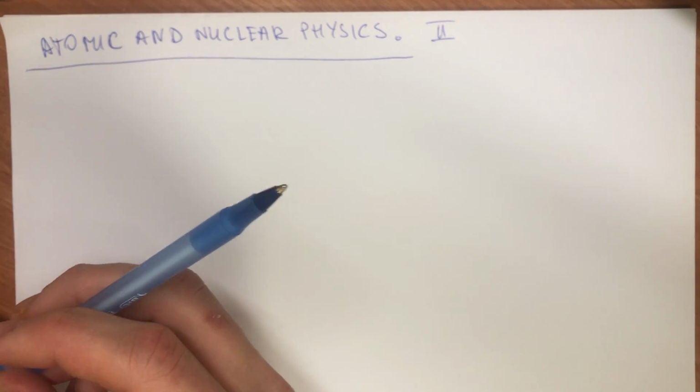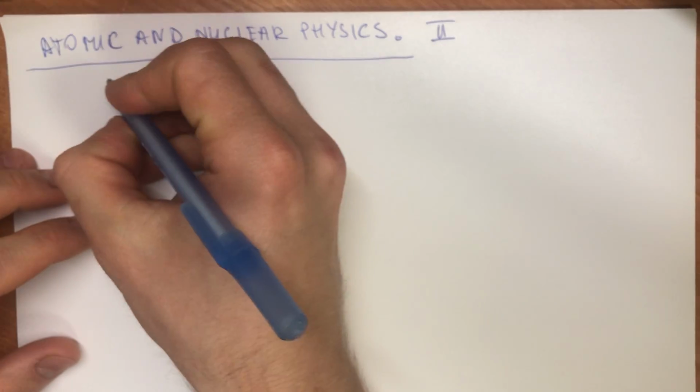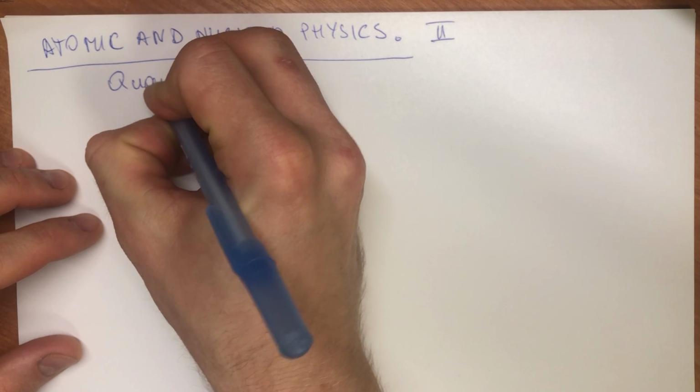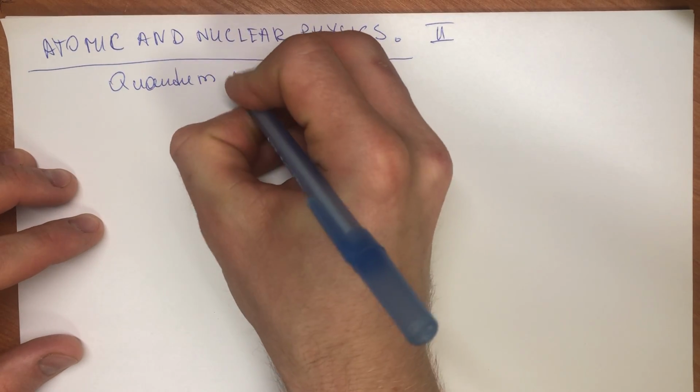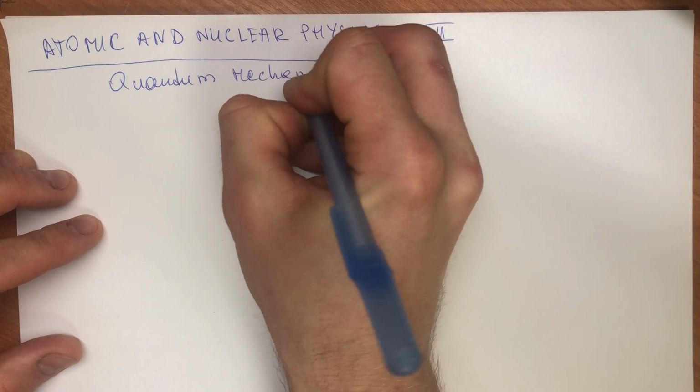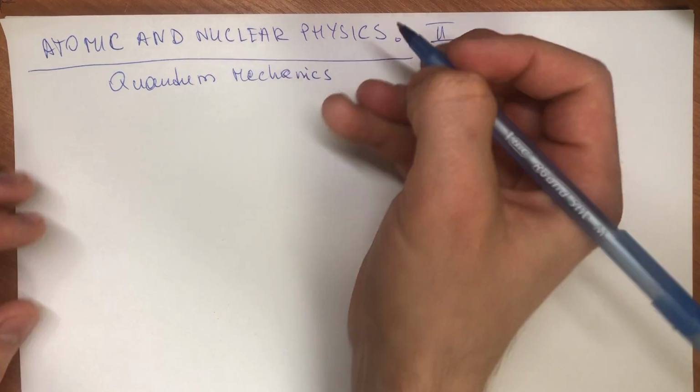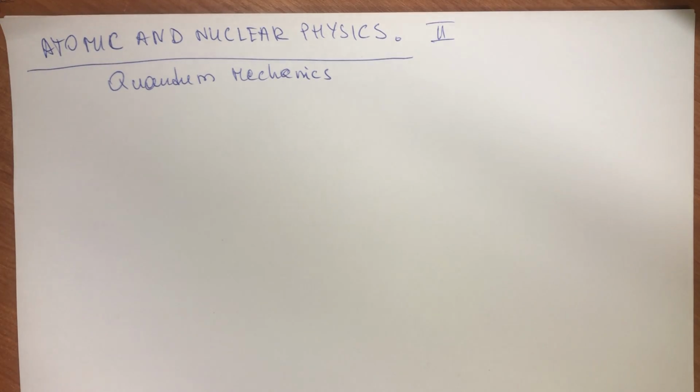And as we have discussed previously, in quantum mechanics, when we are dealing with atomic scale phenomena, energy is absorbed or emitted in discrete amounts called quanta.